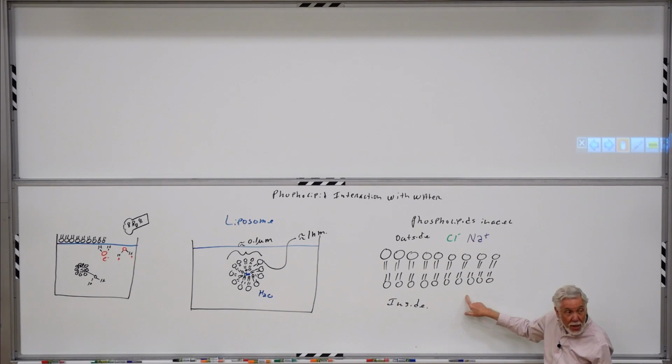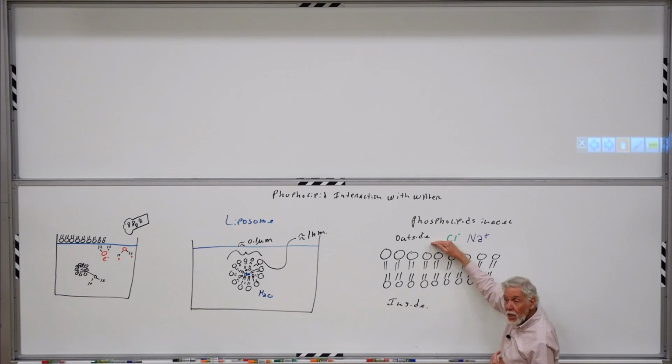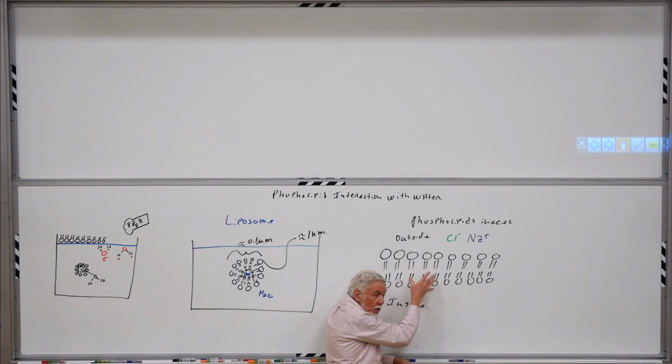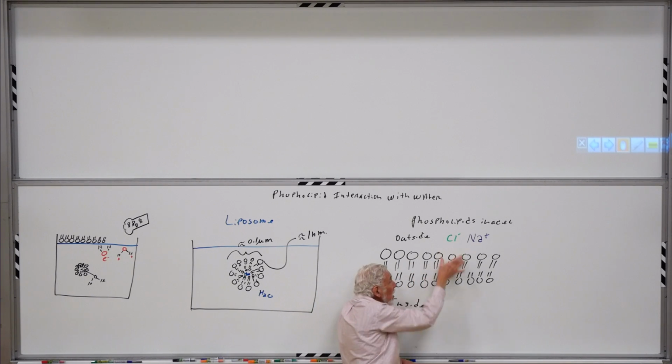And yet, a fundamental idea of all of biology is the communication of ions from the outside of the cell to the inside and the inside to the outside. So we've generated here with a phospholipid bilayer a fairly impenetrable fortress, a palisade through which these ions don't readily move.